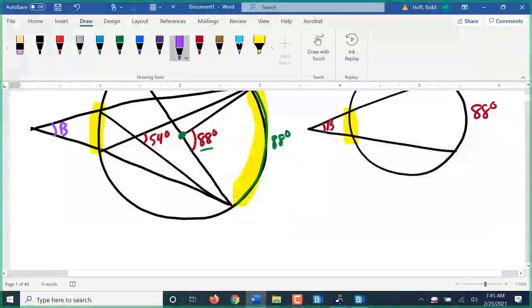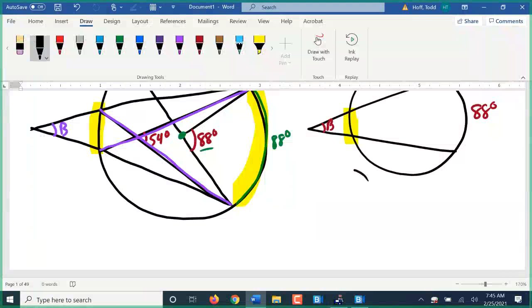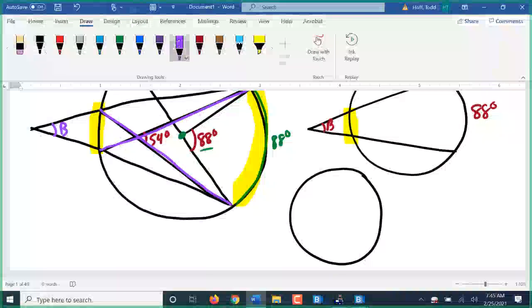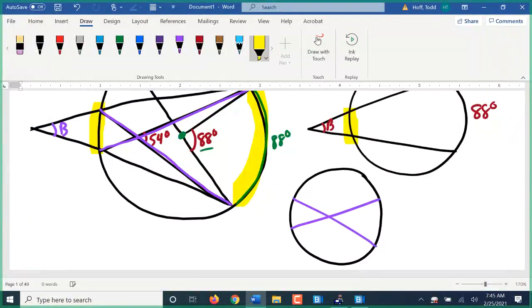If I focus on these two lines here, draw this again with just those 2 lines in it. This arc here is that arc that we need. And I know that this angle is 54 degrees, and I already know that this arc out here is 88 degrees.